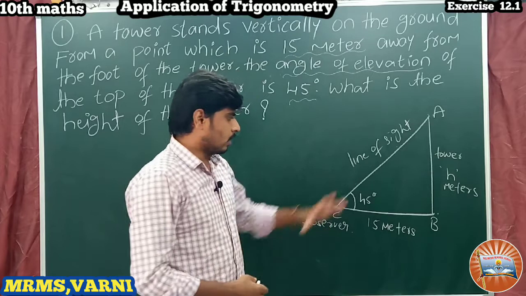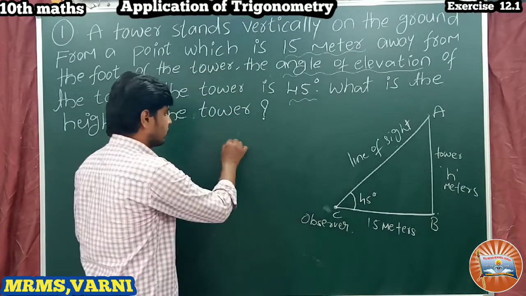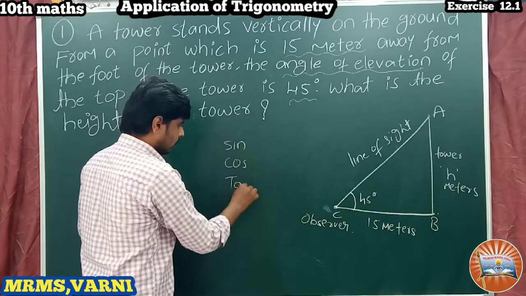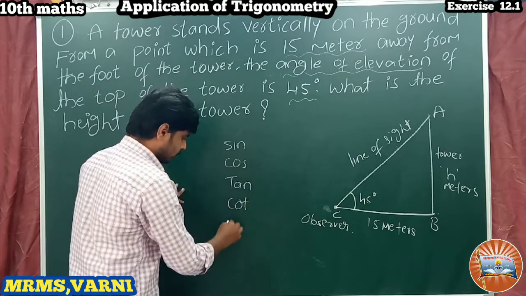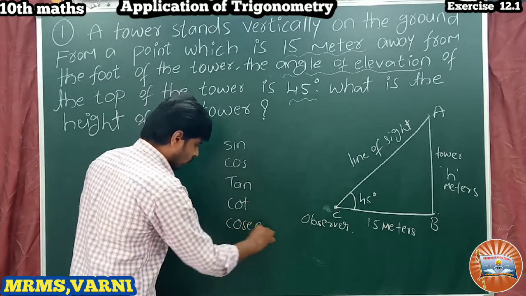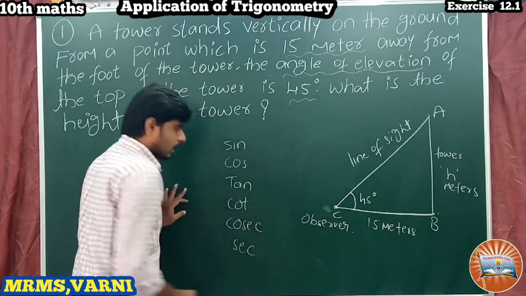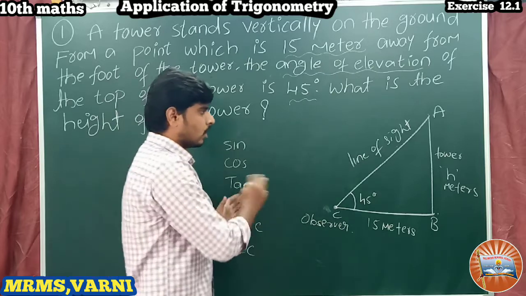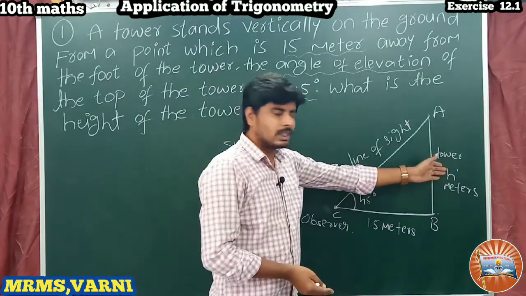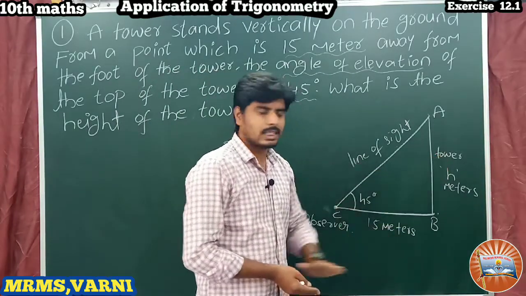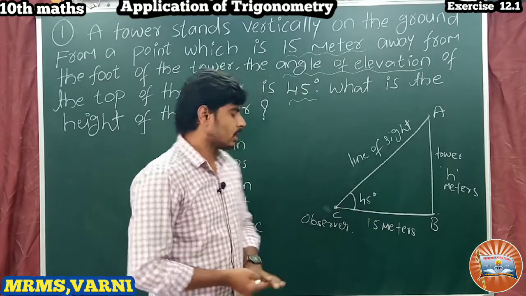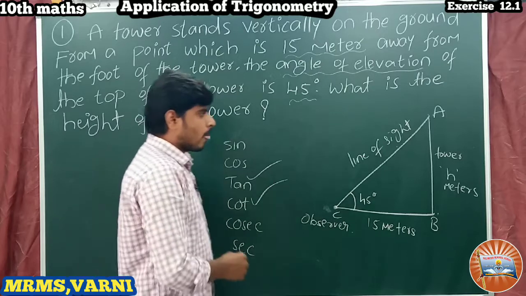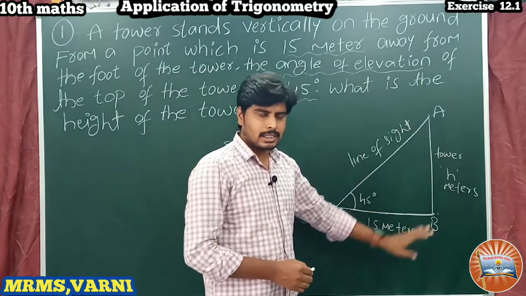We have 6 trigonometric ratios: sine, cos, tan, cot, cosec, secant. Among these 6 ratios, which ratios contain the opposite side and adjacent side? Tan and cot have the opposite side and adjacent side ratios.